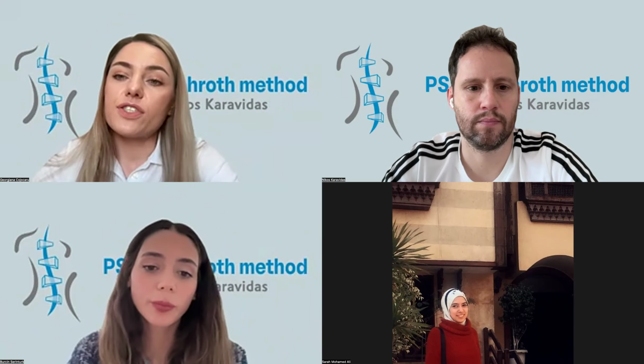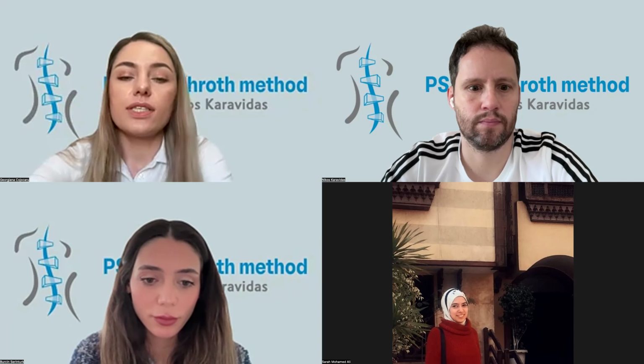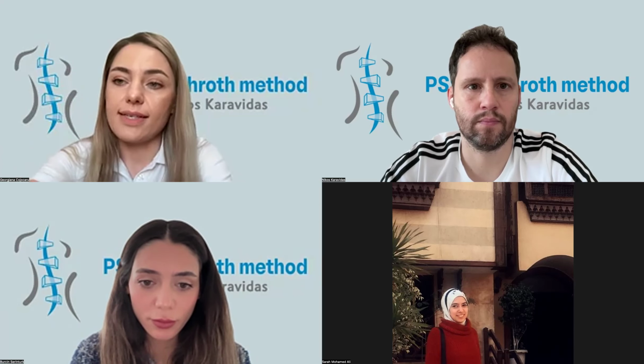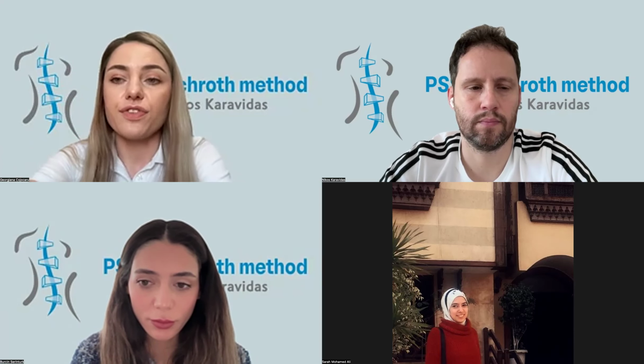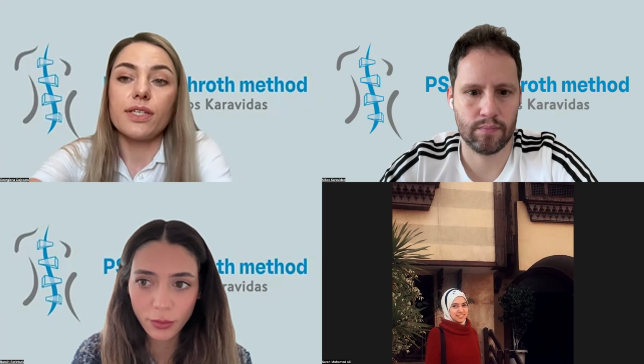And here we have some definitions from international societies. The Scoliosis Research Society defines the scoliosis as a lateral deviation of the spine with a Cobb angle greater than 10 degrees with rotation for unknown reason.